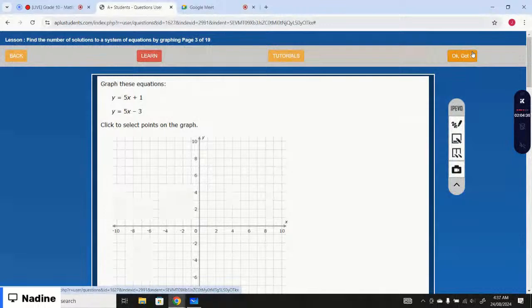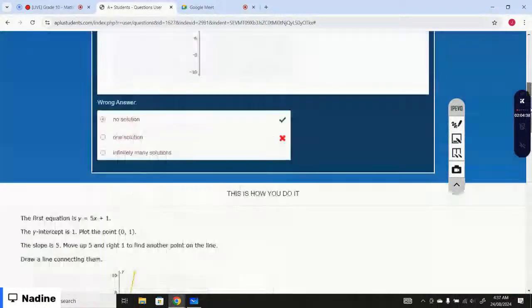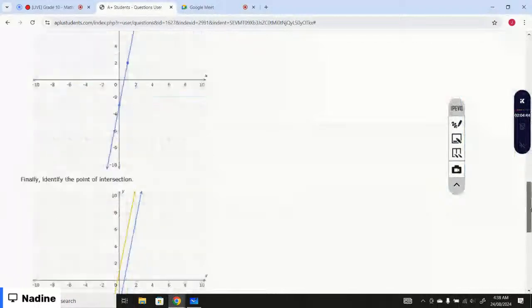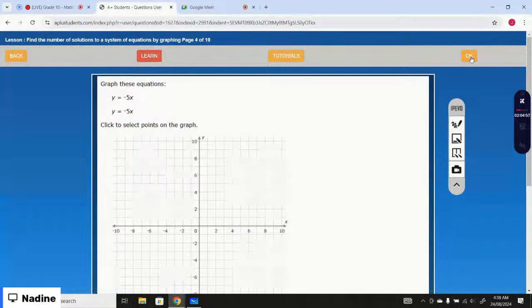Okay, so no solution. The lines are parallel, no solution. Okay, graph these equations y equals negative 5x and y equals negative 5x. So you have two equations, they are exactly the same, right?